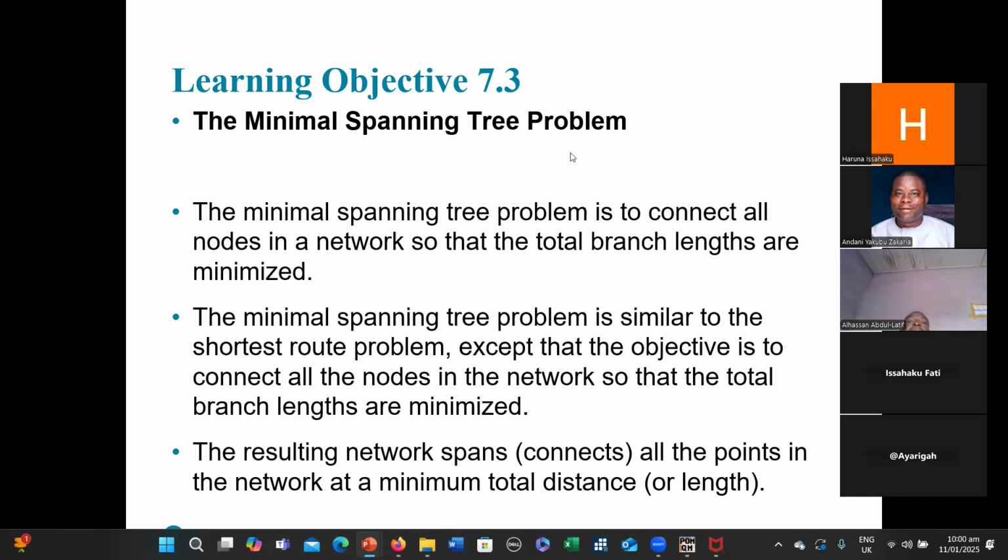So you see that there's some similarity between the minimal span and the shortest route. The only thing is that within the minimal span, our objective is to ensure that the stretch of connections is the minimum.